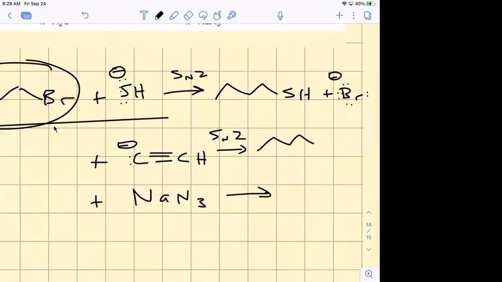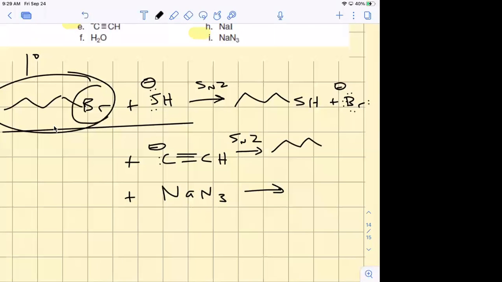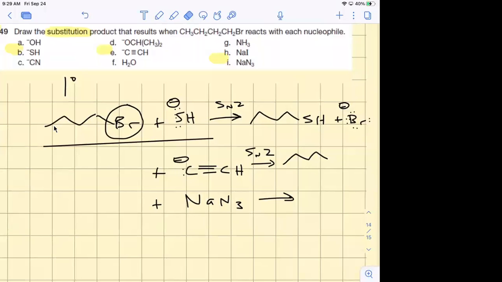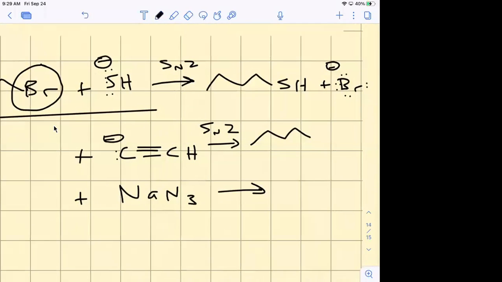What's the product going to look like? If bromine is my leaving group, all I'm doing in this example is swapping out the leaving group with the nucleophile that's given. So here, right, the alkyne is the nucleophile. Right, and then here, remember, anytime you see sodium, it's a counter ion.